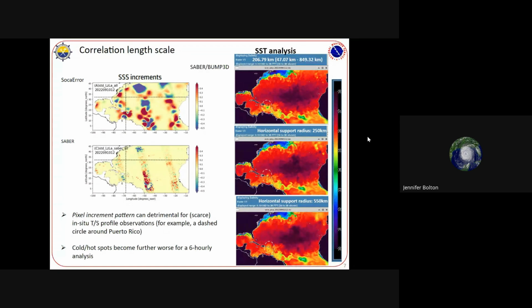Just pay attention to the dashed circles over there, where the storm comes in and where the glider observations exist. Depending on the horizontal length scales, we have quite different analysis fields. This is the SST field, right? So we need to improve this correlation length scale. Next.